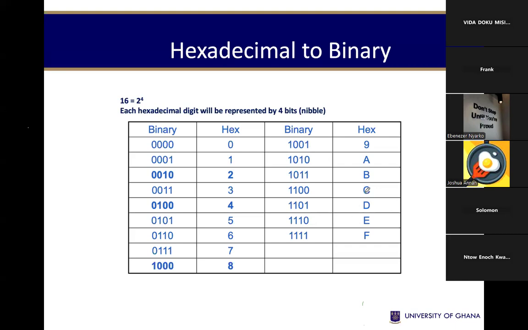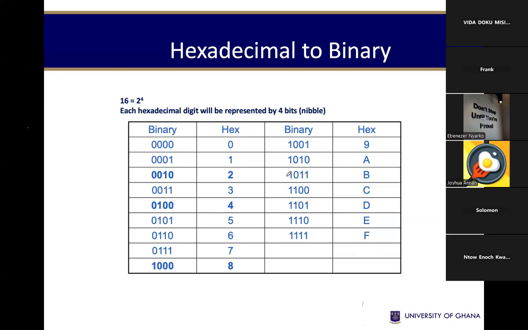All the way to C, which is 12, D, which is 13, E, which is 14, and then F, which is 15, will give us four 1s. Remember, once we are dealing with base 16, we can never have a single digit which is 16. That's why we have F, which is equivalent to 15 in base 10. That's a key thing.